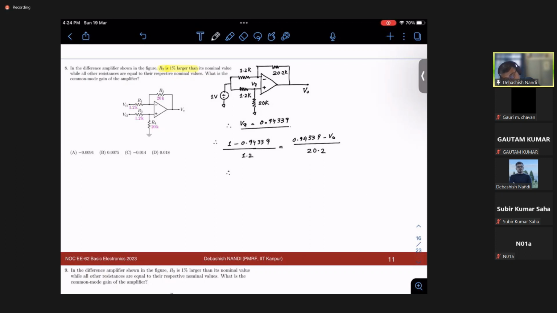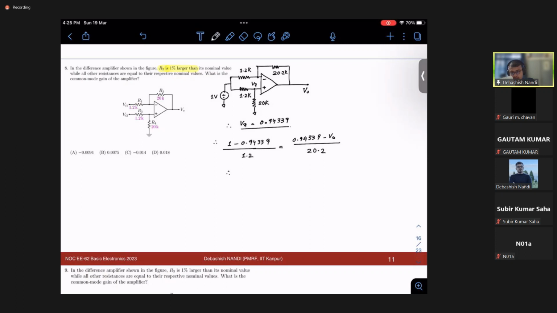Your Vx is 0.94339, right? 1 minus this divided by this, so 0.94339 minus your answer. Your V naught is coming out to be minus 9.545 into 10 raised to minus 3, right?